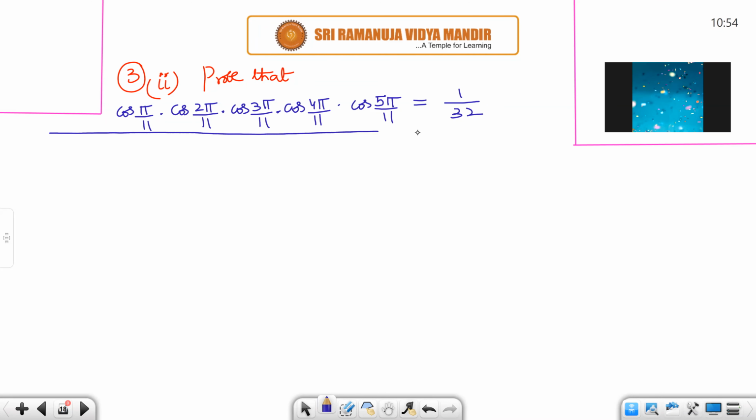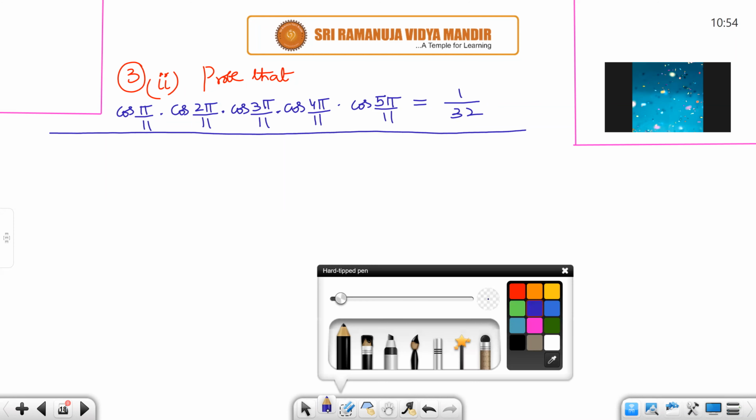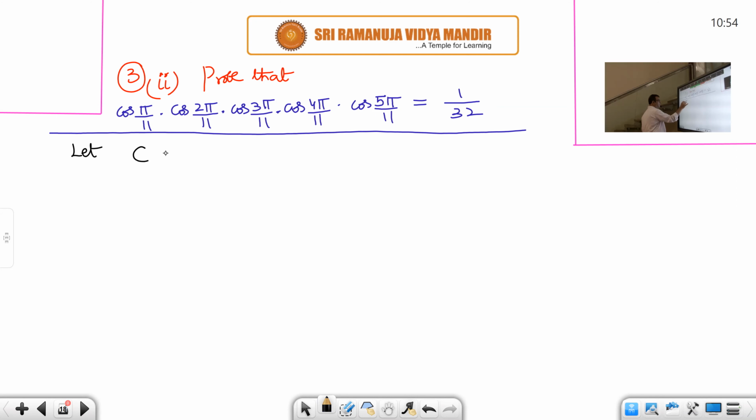Let C is equal to cos pi by 11 into cos 2 pi by 11 into cos 3 pi by 11 into cos 4 pi by 11 into cos 5 pi by 11.